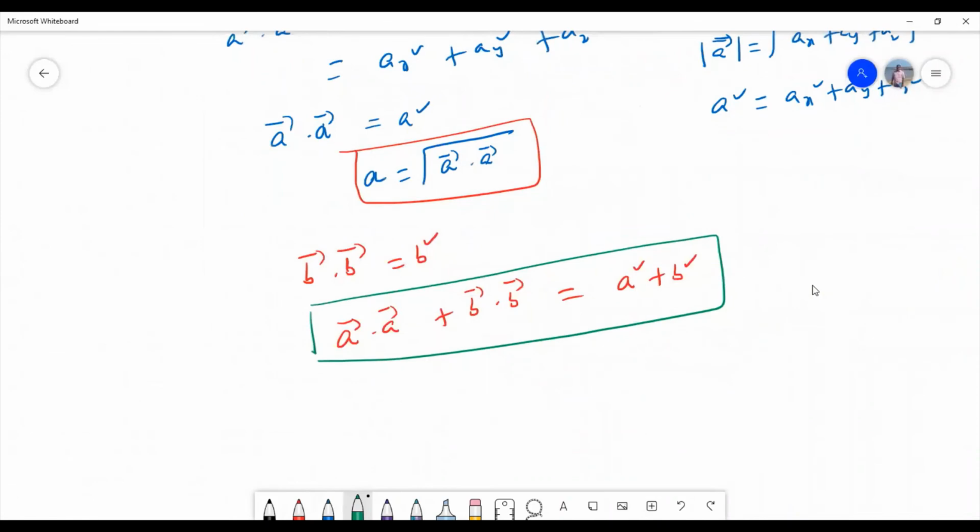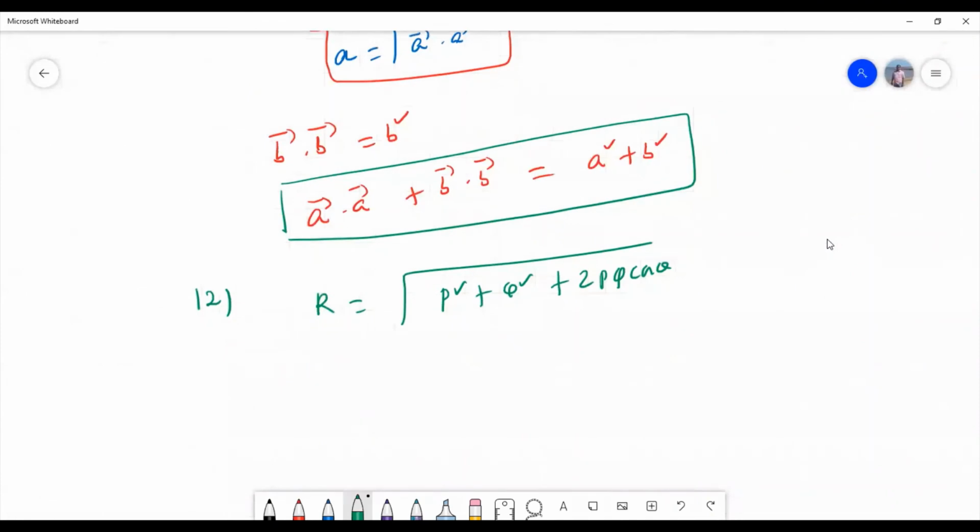Right. In the last class, when I explained parallelogram law, R bar is equal to root over P square plus Q square, I said plus 2PQ cos theta. P square plus Q square plus 2PQ cos theta.